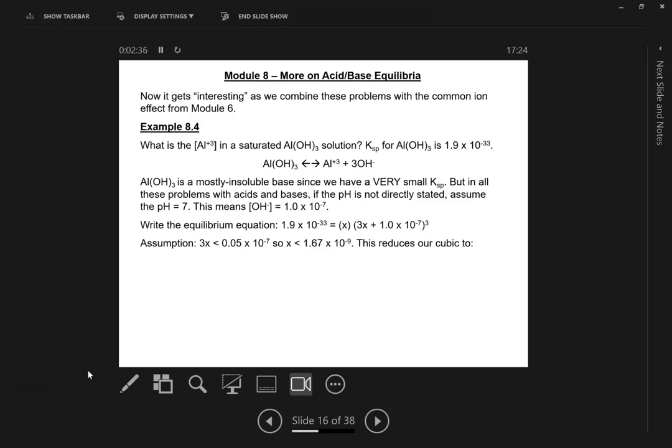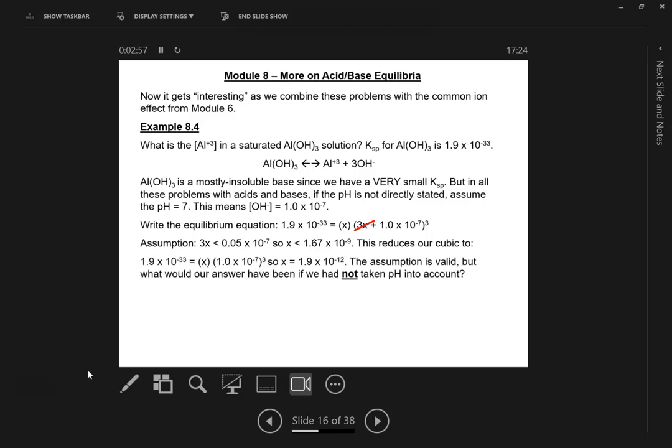I get x has to be less than 1.67 times 10 to the minus 9th. If I do that, then I can line out my 3x, because really it's so small, I'm only concerned about the 1.0 times 10 to the minus 7th cubed. So our equation reduces to this.